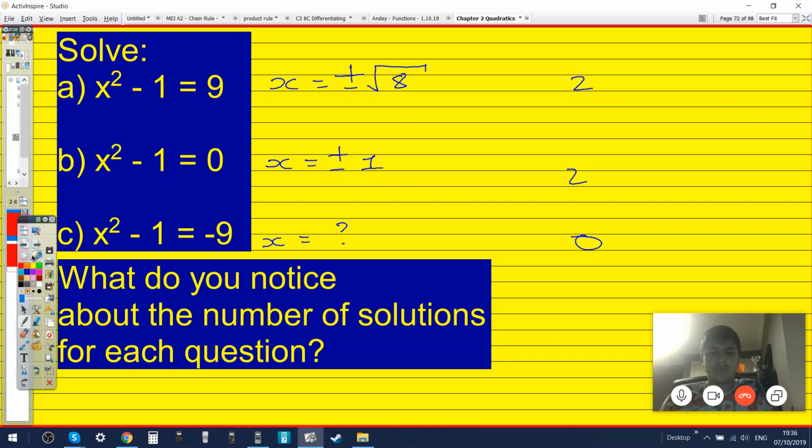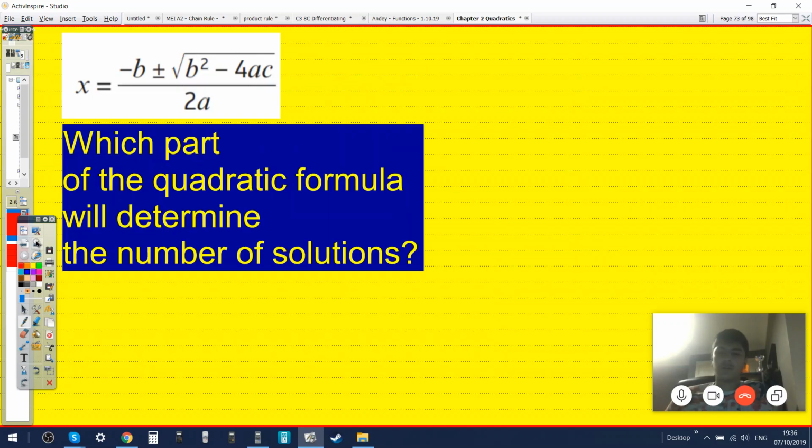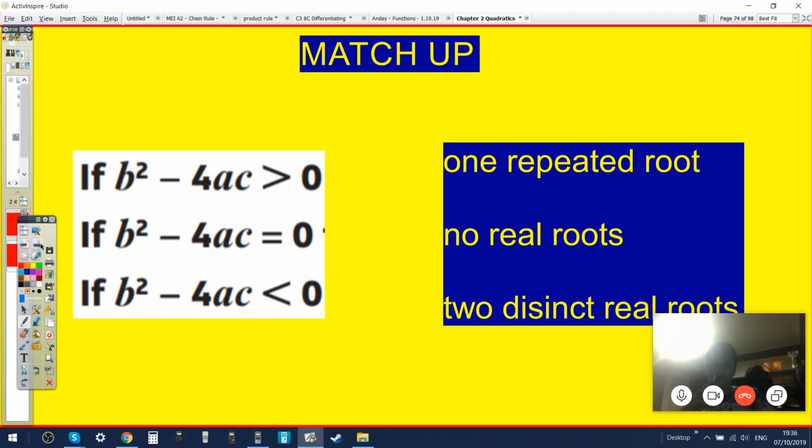And why couldn't you get any solutions for a negative number? Because 2 of the same numbers times each other don't give negative numbers. Yes, so you can't square root a negative number. And so the part that determines it is the square root part. Okay. And so basically b squared minus 4ac, I'll let you match these up.